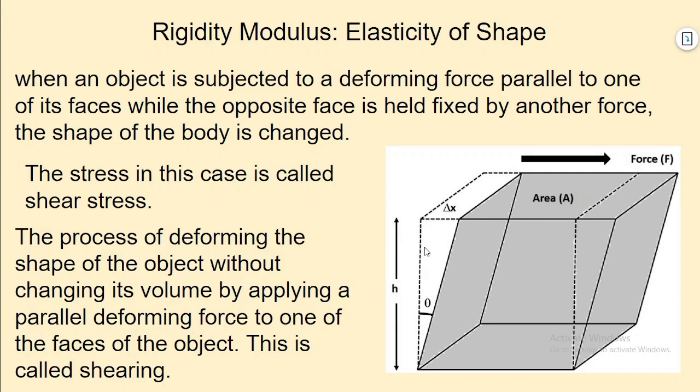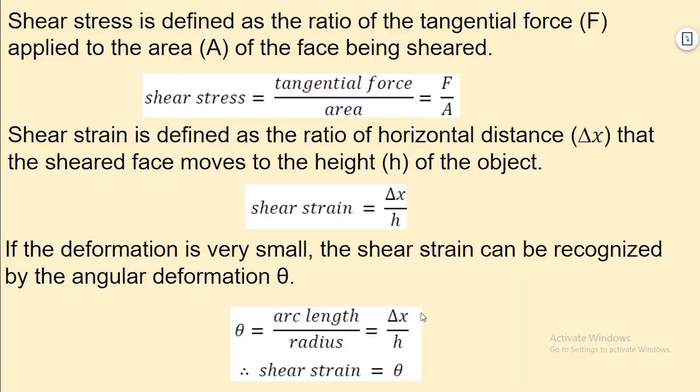Applying the relation between arc length, radius, and angle, where the radius is the height, theta is equal to arc length by radius, that is delta x by h. So we can replace delta x by h with this angular deformation theta. The shear strain is equal to this angle theta, which is called the shear angle. So we are expressing the shear strain in terms of angular deformation theta.